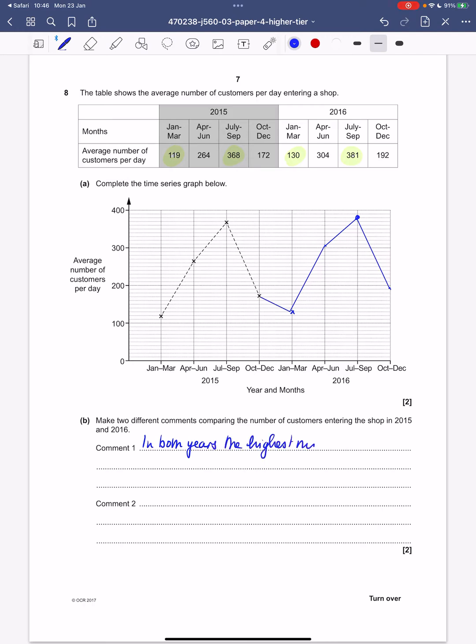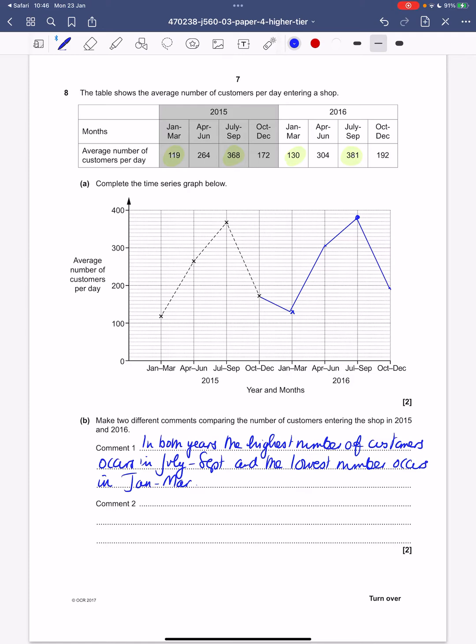There's always lots of answers to these. The highest number of customers occurs in July to September, and the lowest number occurs in January to March.